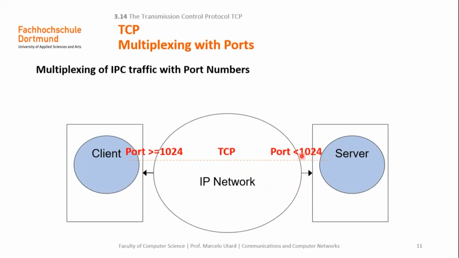That is a port that could be used by processes that run with administrative privilege or priority in the platform where the process is running. On the client side, the port used is an ephemeral port, that is a port over 1024.